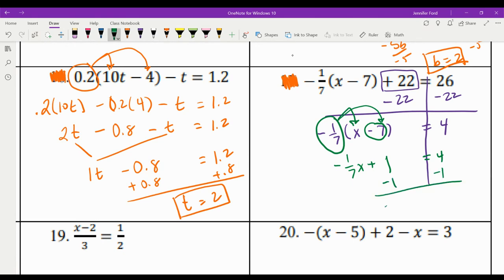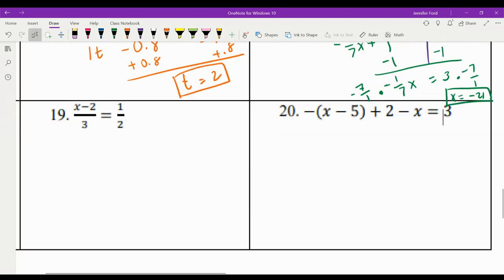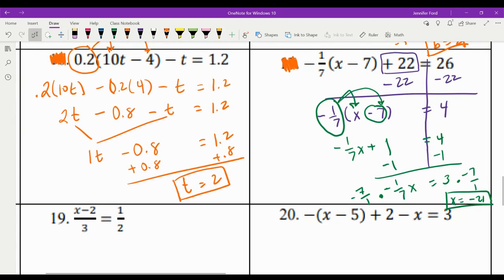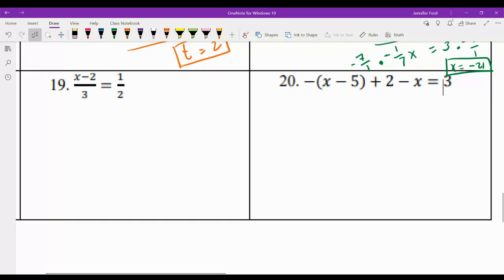Subtract 1 from both sides. Negative 1/7 x equals 3. Multiply both sides by the reciprocal. It's negative 7 over 1. So x equals negative 21. That's what I get for that one. Okay. 2 more.